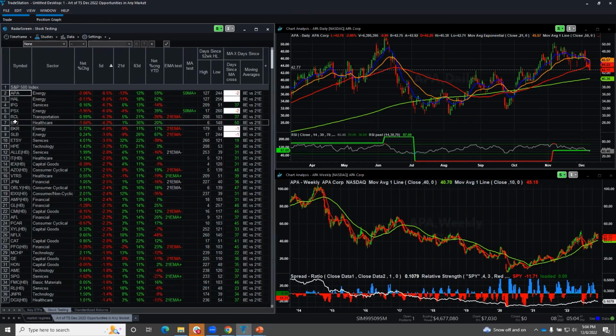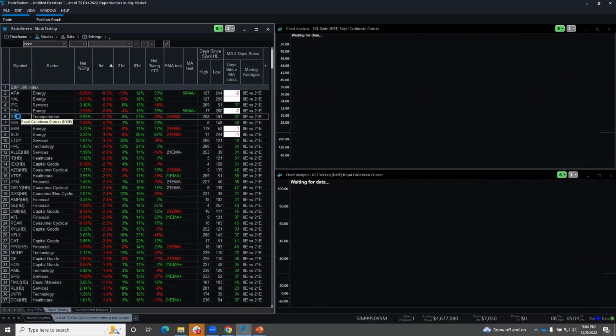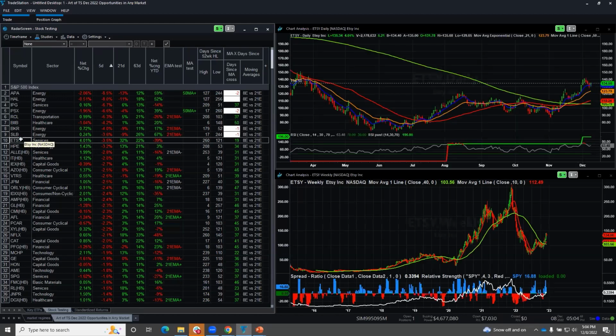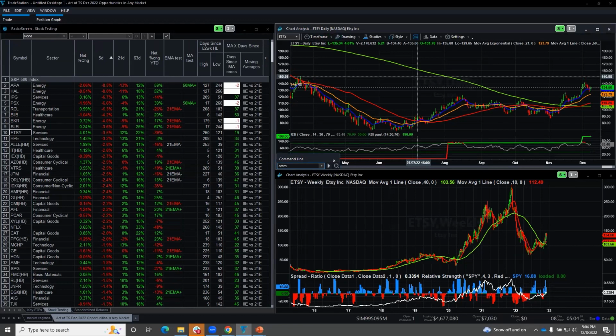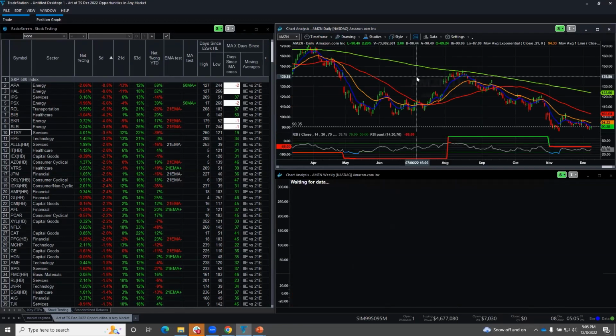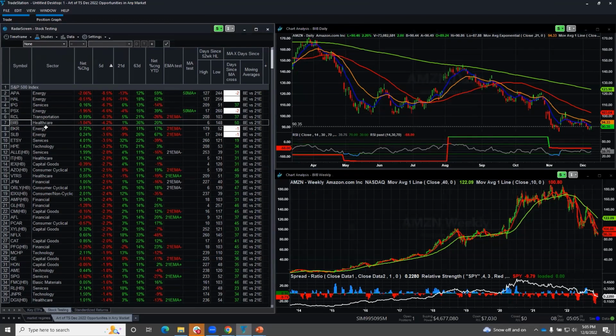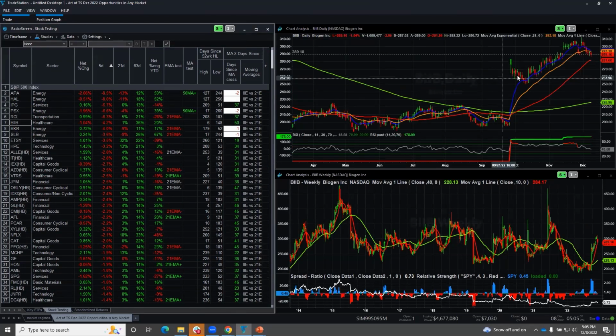But there are other areas, for example, that I just look down the list and start to see what pops up. For example, something like Etsy is kind of interesting. This one has been gaining relative strength. It's very interesting to see Etsy, the way it's performing versus something like Amazon. Look at Etsy and now look at Amazon. So a name like Biogen, a very interesting name that I'm just looking at.